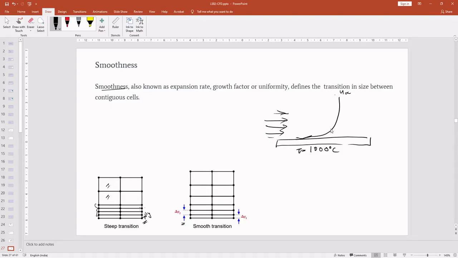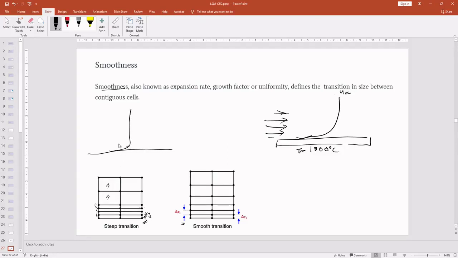To capture this transition, if we use this kind of steep transition cells, then with this being the flat plate, the first few layers will be very gradual, then it will suddenly become a straight line.